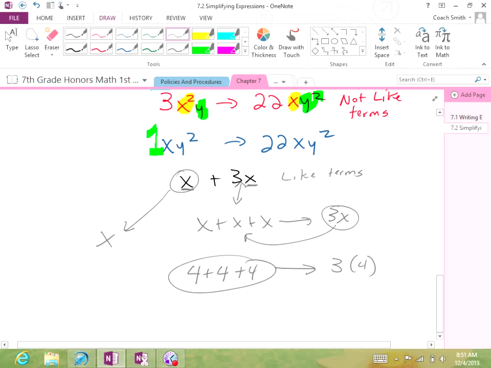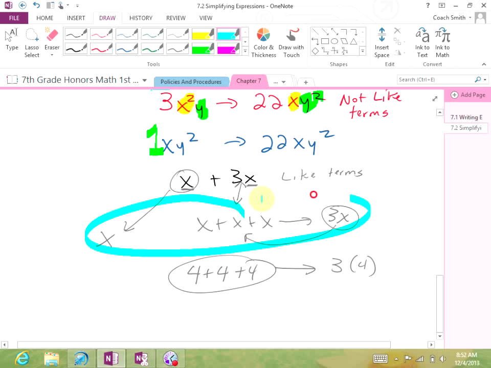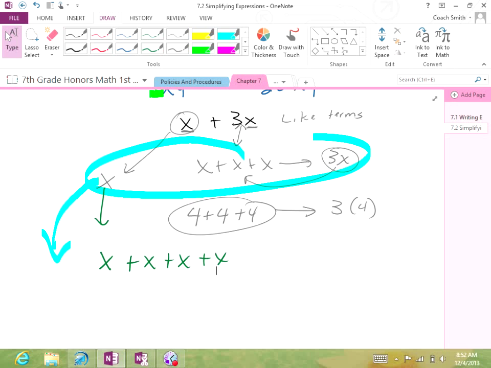So realistically then, I have, let me move it down here, the same thing as x plus x plus x plus x. So how many x's do I have? So the answer to that would be 4x.